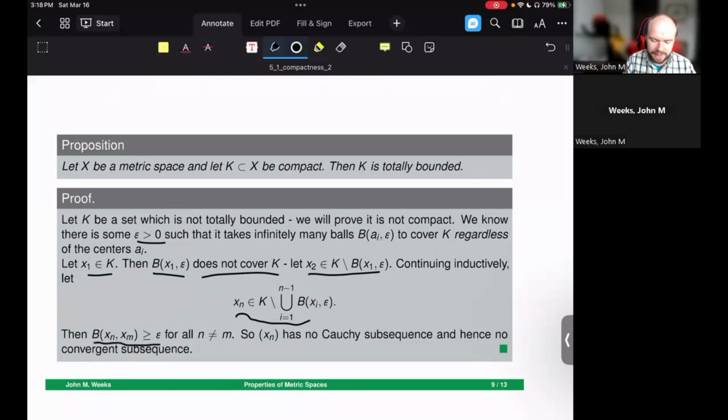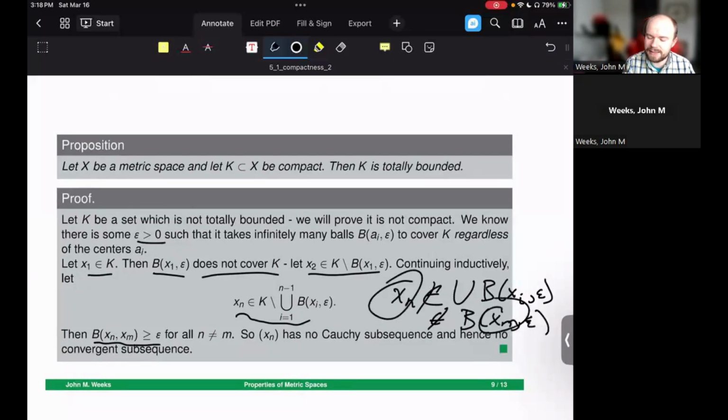Then it turns out that for any n that is not equal to m, x sub n is not within the union of the balls of radius epsilon around any particular point. In particular, it's not in the ball of x sub m of radius epsilon.